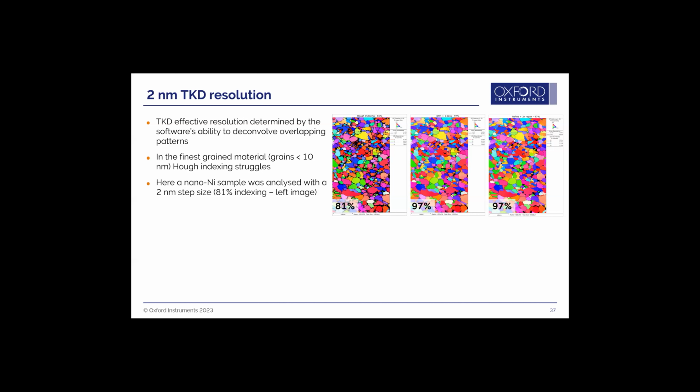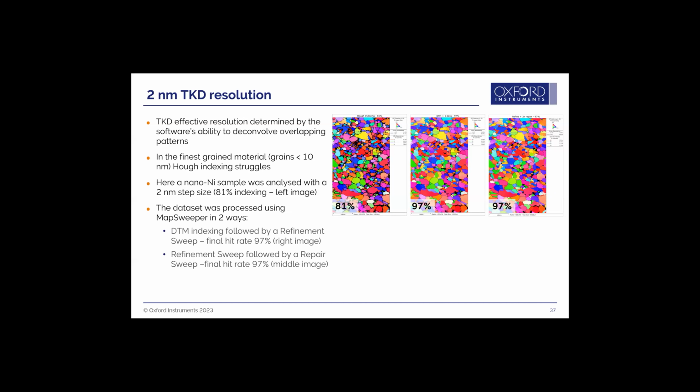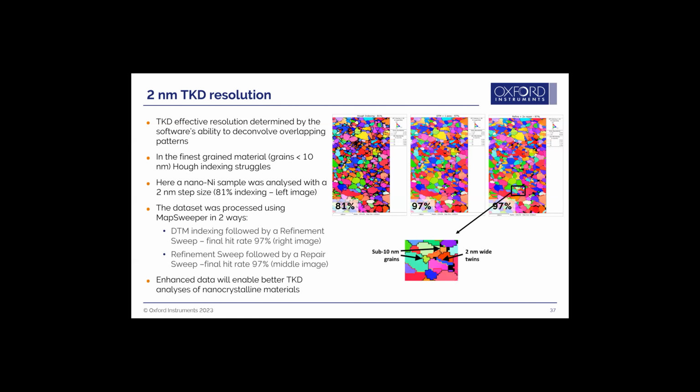I think people that have done TKD would look at the map on the left and say, that's quite a good job. If we do a refinement sweep, we can build up the data with the repair sweep. If we look at the fine detail, the refinement sweep followed by repair on the right gives 97%. And when we go in and look at some of the grain structure, there are twin boundaries that we discovered in this map set that are literally one step across.